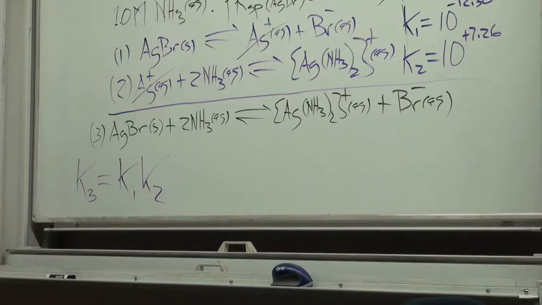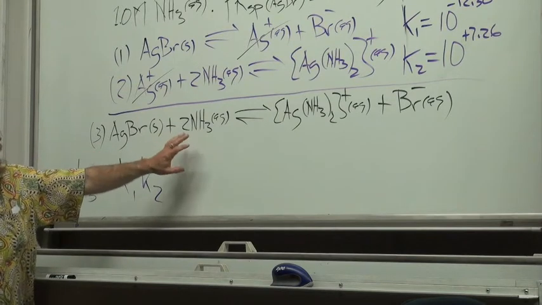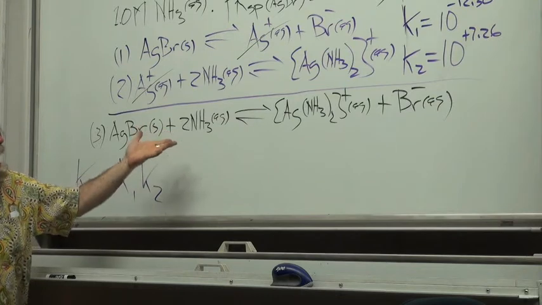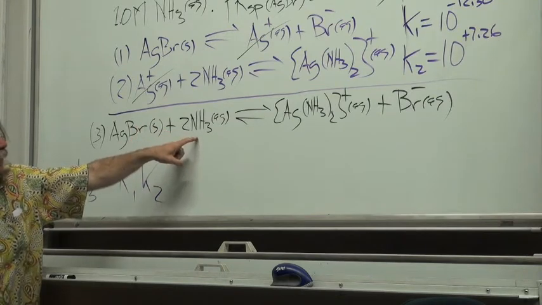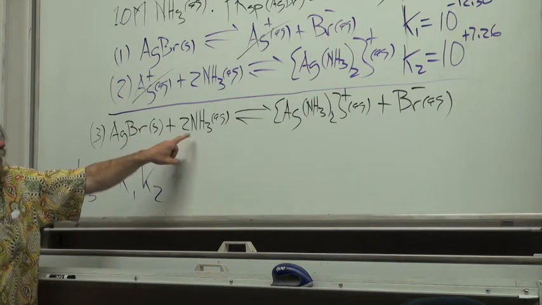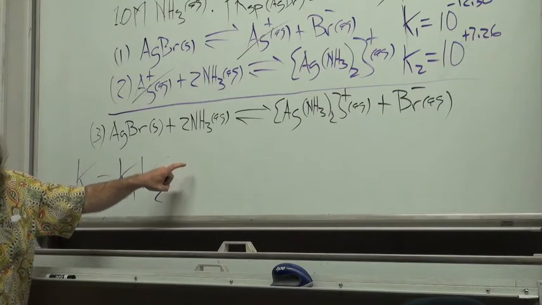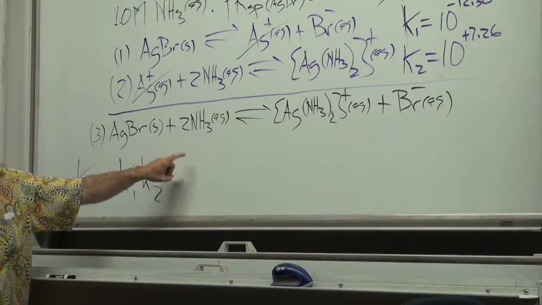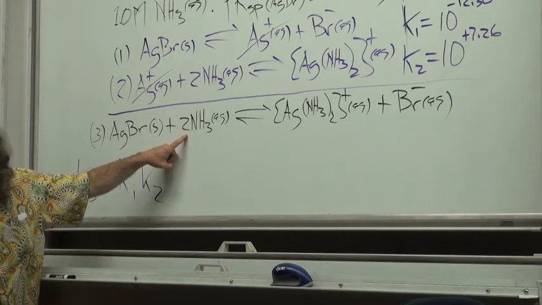What other questions could I ask? When I set up the ICE table, I start out with whatever the molarity was here, and it changes by minus 2x because of the stoichiometric coefficient.